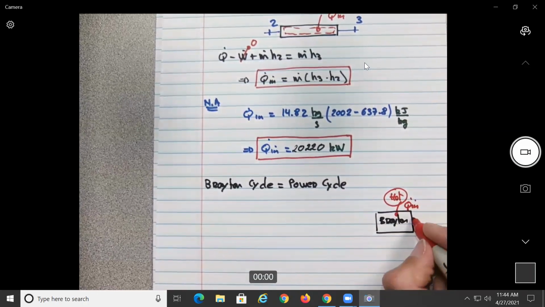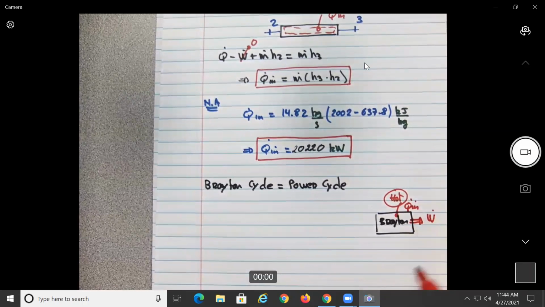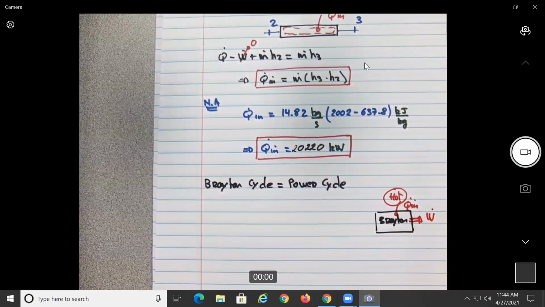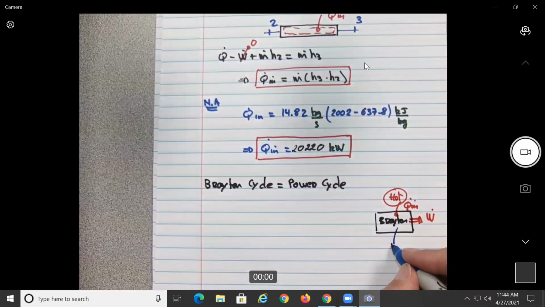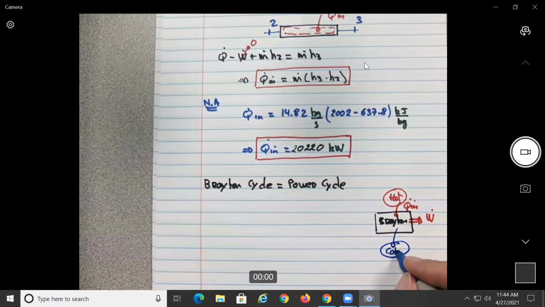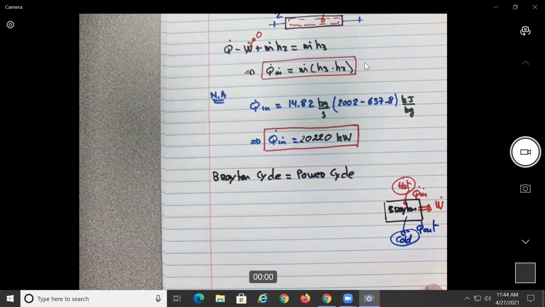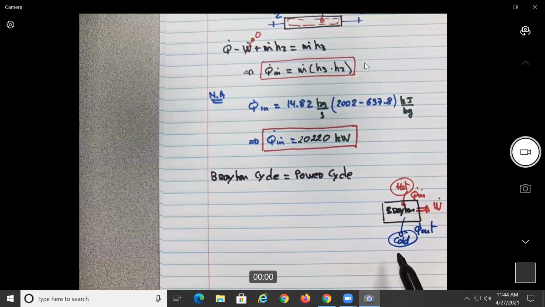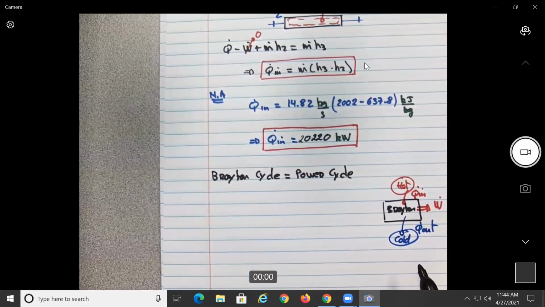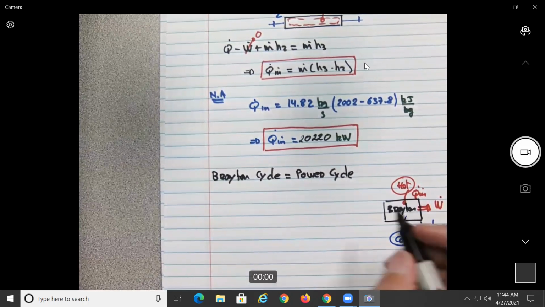This is going to generate power. And this is going to a cold, no? So I guess we're gonna have to do another problem to find Q out. Looks like, no?